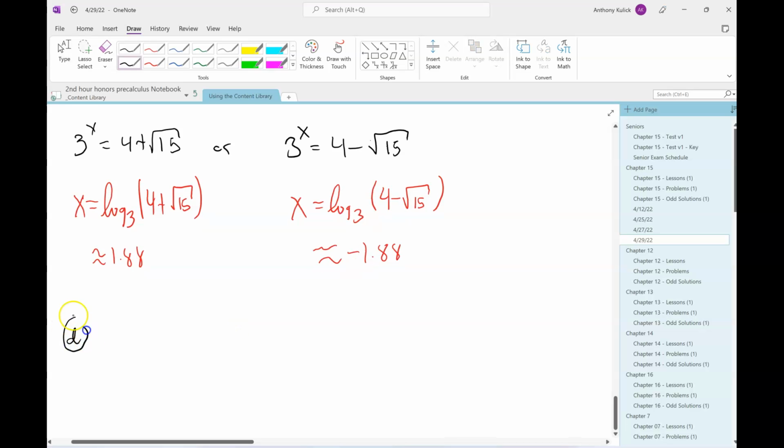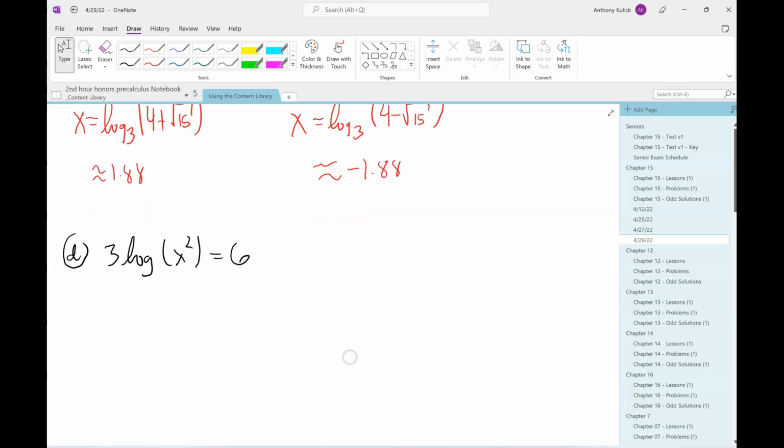Let's go and look at some logarithmic ones now. Okay, what do you want to do first here? Divide by 3?